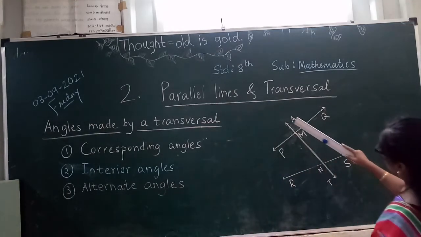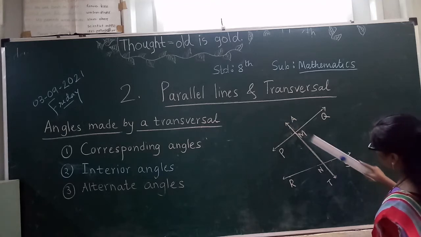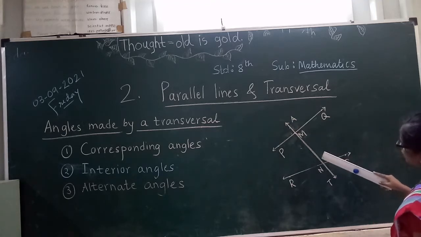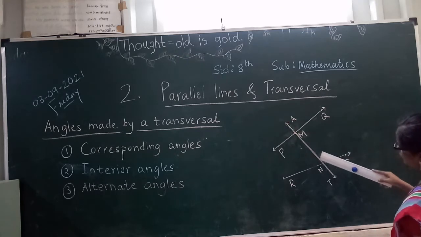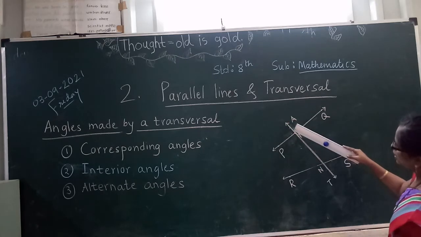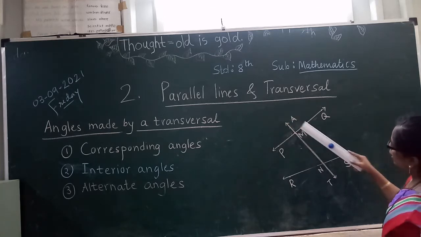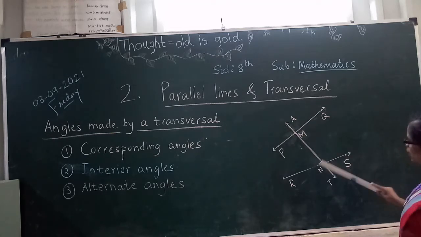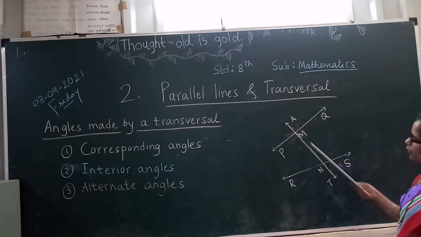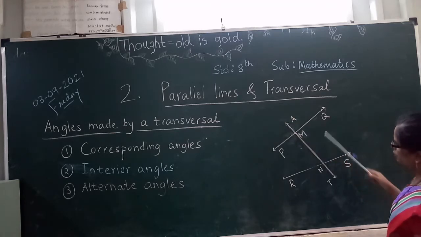See, angle AMQ here and angle MNS here. One arm is in the same direction, right? See, this arm is in the same direction and on the same side, that is on the right side. AMQ lies on the right side, MNS also lies on the right side of the transversal, and in the same direction, meaning on the upside of the transversal.